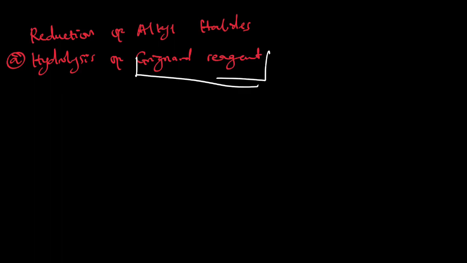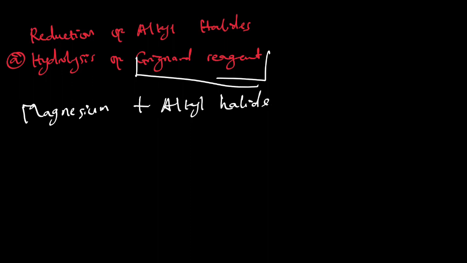Okay, first of all, I'd like to explain to you what Grignard reagent means so you'll be able to flow better. Right, so Grignard reagent is an organometallic compound formed from the reaction of magnesium with alkyl halide, in the presence of dry ether.